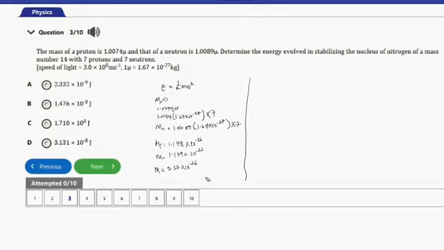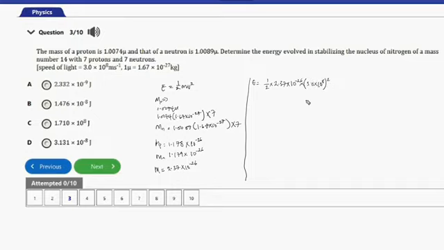So guys, if we have this mass here, then we'll now apply this equation here, half mv squared. We're going to have 1/2 times 2.37 times 10 to the power of negative 26 times the square of the velocity here. The velocity, which is the speed of light here, is 3.0 times 10 to the power of 8.